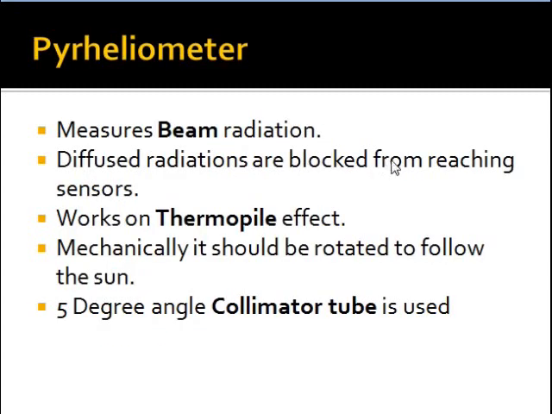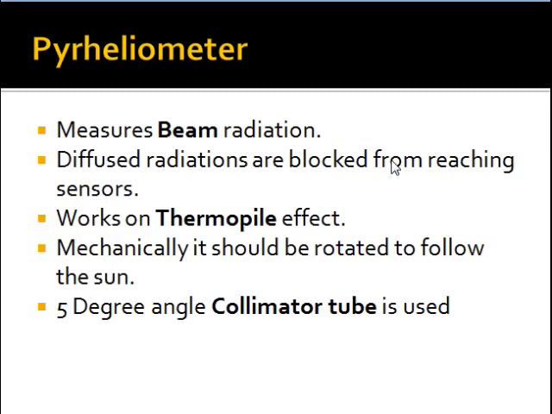Now we will discuss what a pyrheliometer is. The pyrheliometer is a device used to measure beam radiation. Diffused radiation which comes to the sensor will be effectively blocked from reaching that sensor.